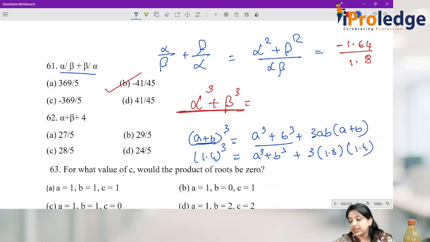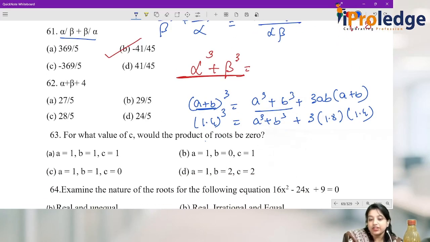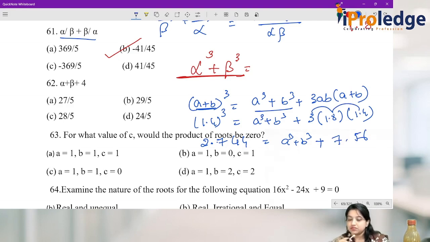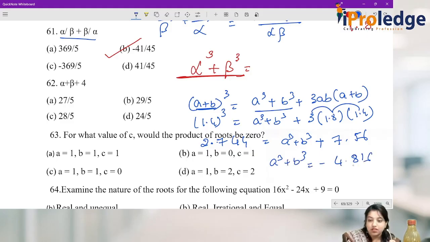Find out and tell me. 2.744 equals, next 7 point minus 1 minus 4.81. So a cube plus b cube equals minus 4.816. Very good, okay, this is correct.